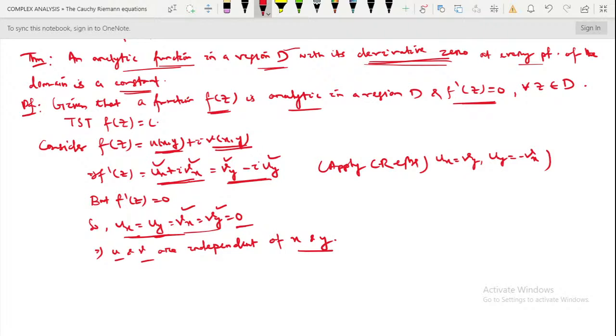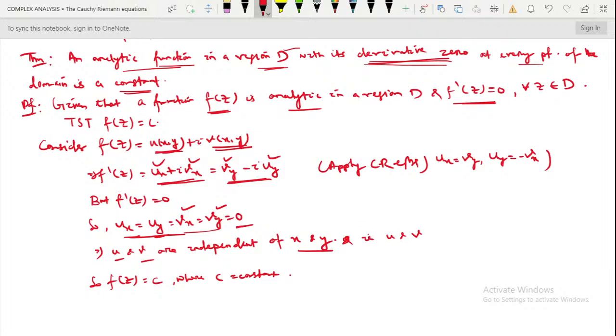So that means, if you can say so, there is a constant C, where C is a constant. u and v are independent of x and y.